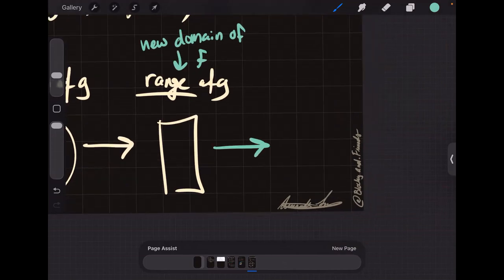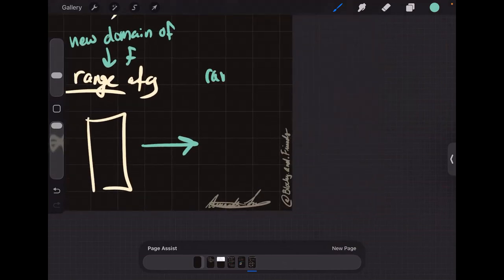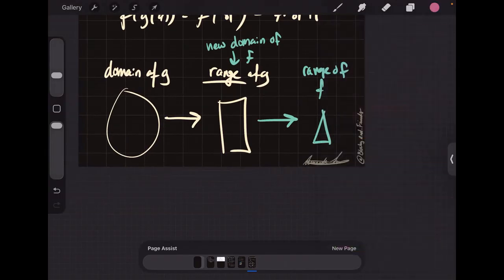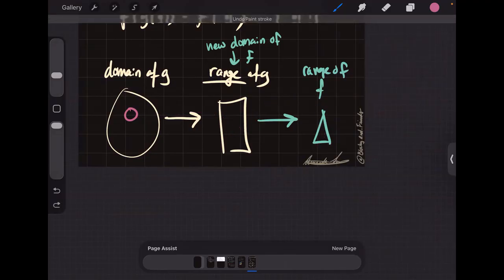And then you map it to the range of f, right? So what it does is it takes this guy, it sends it to this guy, and it sends it to that guy. Okay?